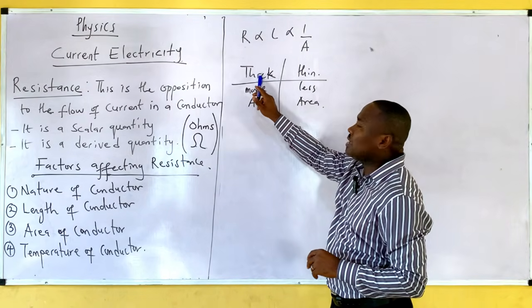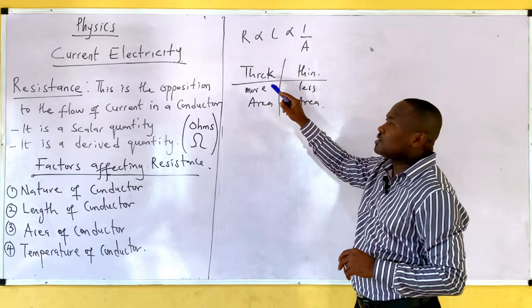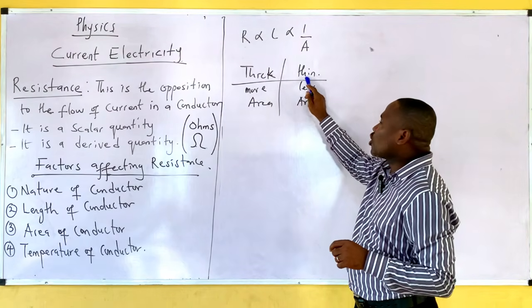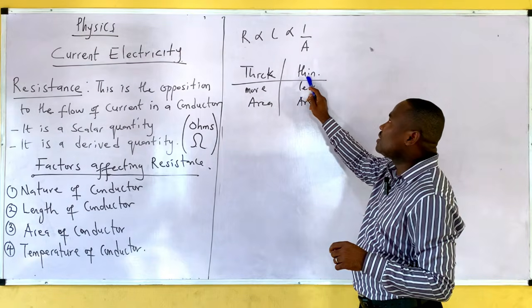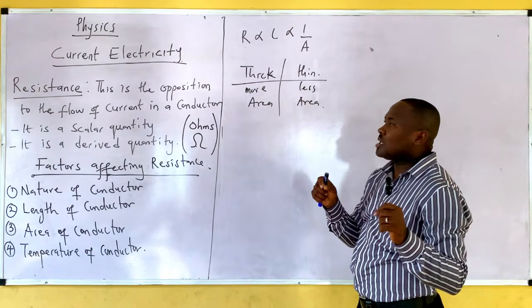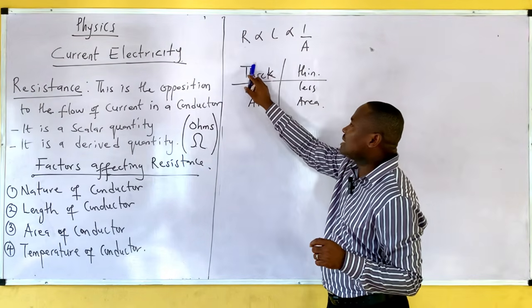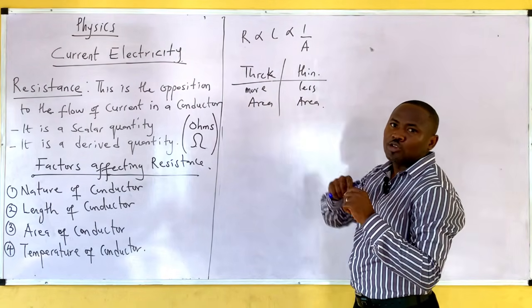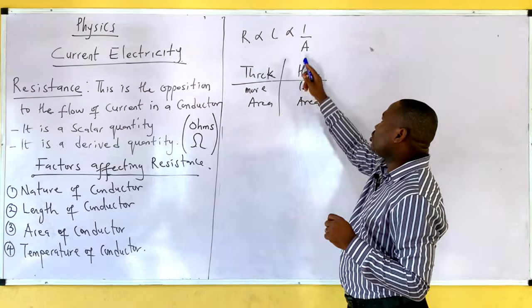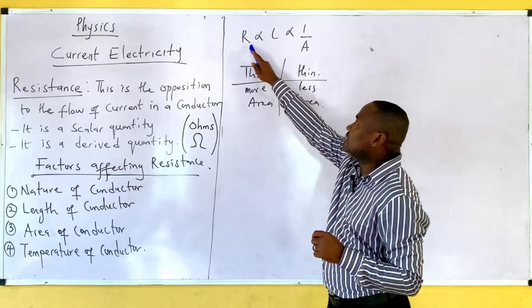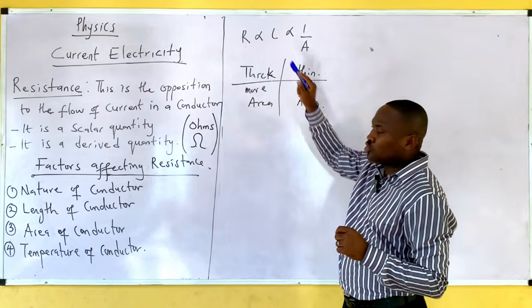The more the area, the lesser the resistance. So a thick wire has less resistance compared to a thin wire. Why? Because thickness talks about the cross-sectional area of the wire. So resistance is inversely proportional to area, but resistance is directly proportional to length.